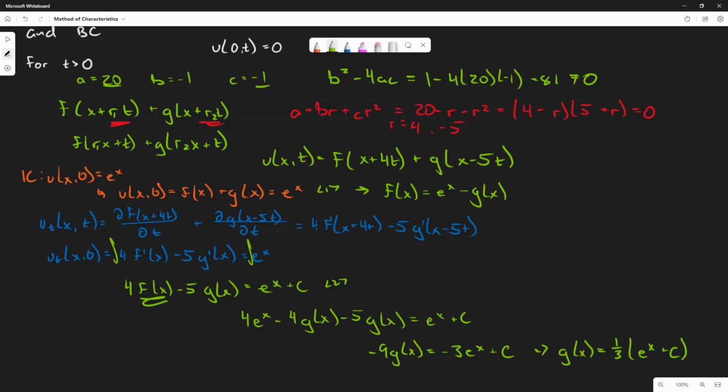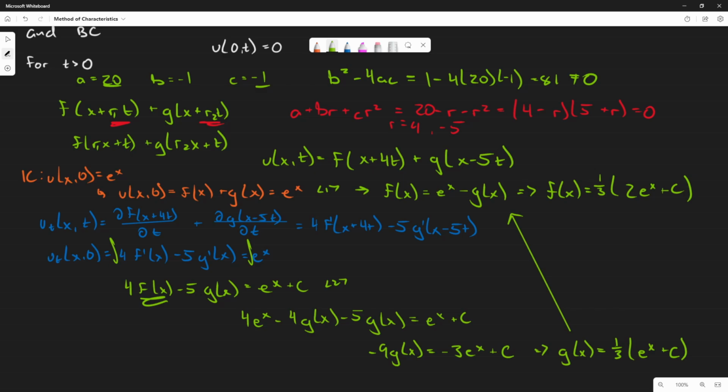We can use it to substitute back into the first equation, and so we end up getting that f of x is going to be equal to e to the x minus 1/3 of e to the x plus c, which will actually give us 2/3, or 1/3 multiplied by 2e to the x plus c.